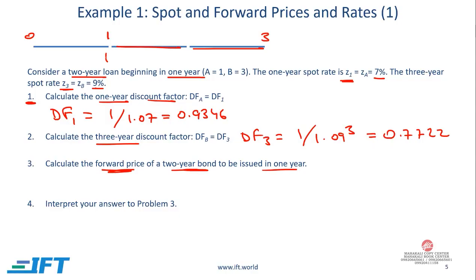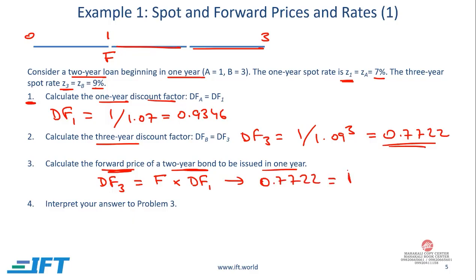Then calculate the forward price of a 2-year bond to be issued in 1 year. So we want the forward price over here for a 2-year bond, and the way we do this is we use the formula that we just saw. So the formula was DF3 is equal to the forward price, which we need to calculate, multiplied by DF1. We know that DF3 is equal to this number over here, 0.7722.